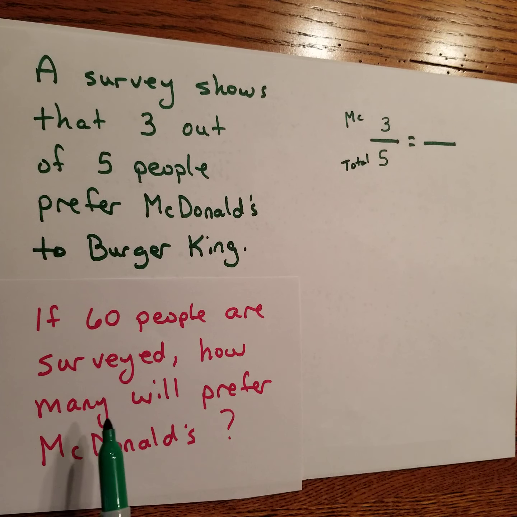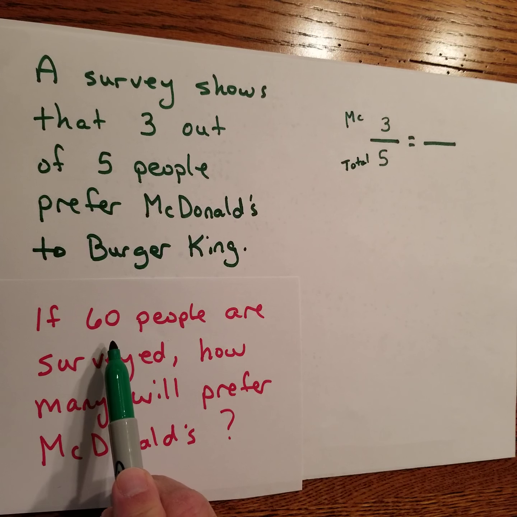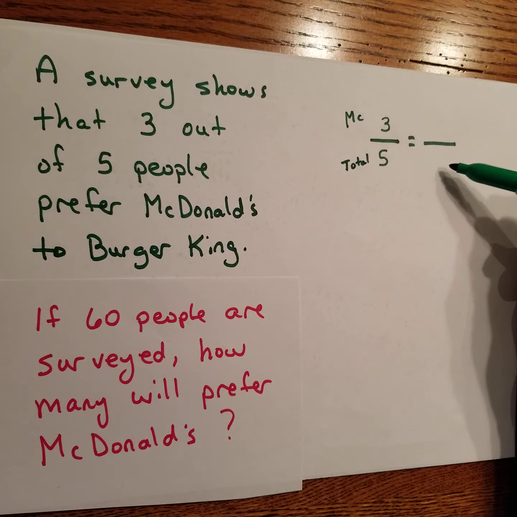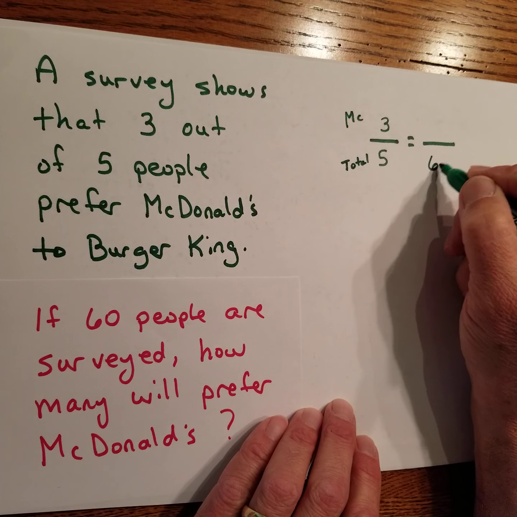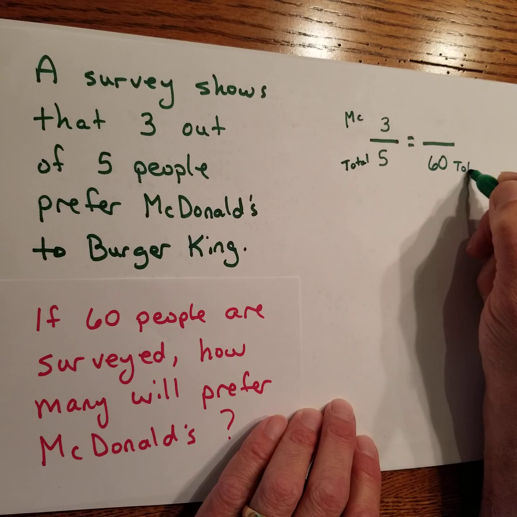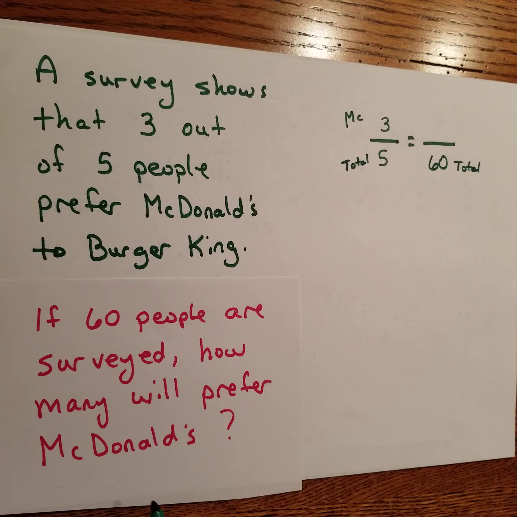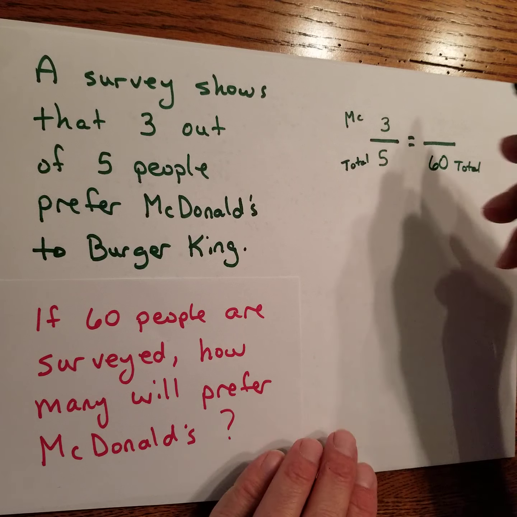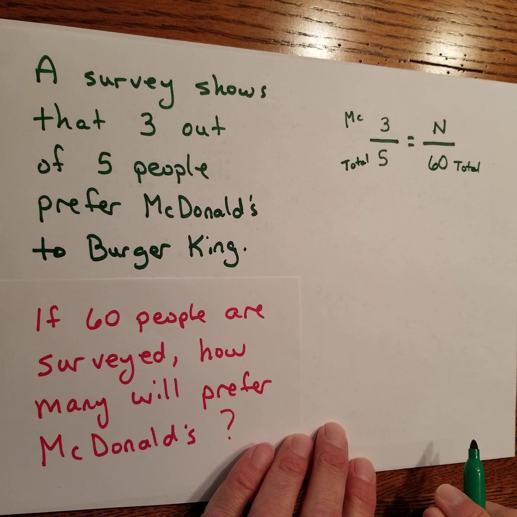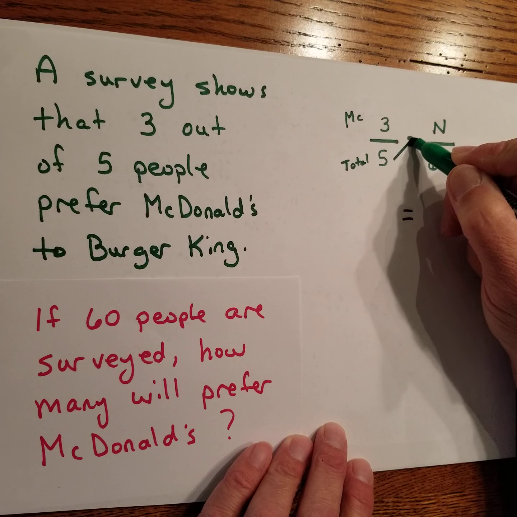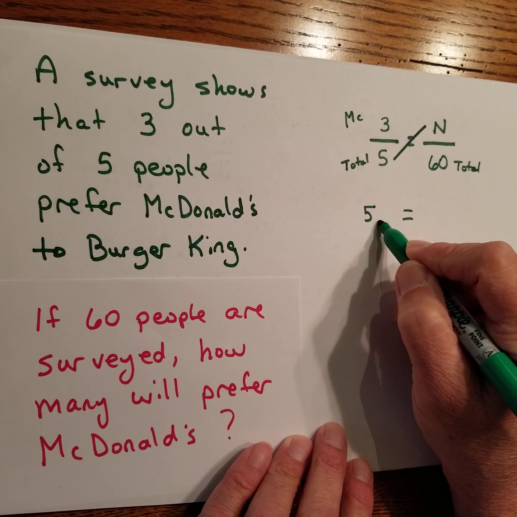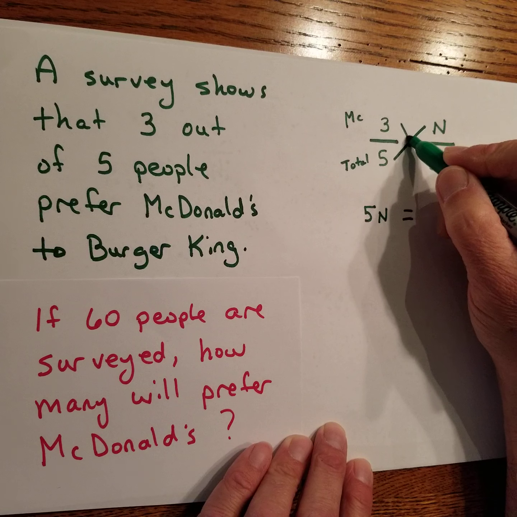If 60 people are surveyed, how many will prefer McDonald's? Is 60 McDonald's lovers or total? 60 people surveyed. That's total. There was a total of 60 people surveyed. Final question, how many will prefer McDonald's? Now we're ready. Let's multiply diagonally and multiply diagonally.